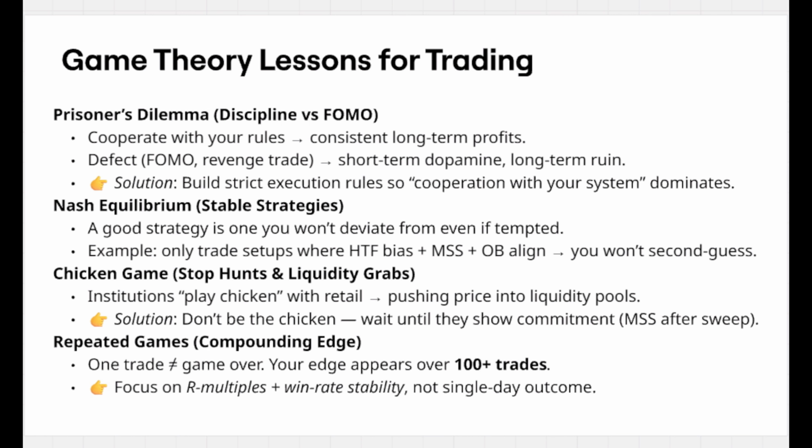Next thing is the Nash equilibrium. A good strategy is one you won't deviate from, so you need to have clear guidance. Wherever you journal and have certain criteria, you need to write it down and start refining it to the point where you don't deviate. You understand when the trade is coming, when it's not coming, when to wait.